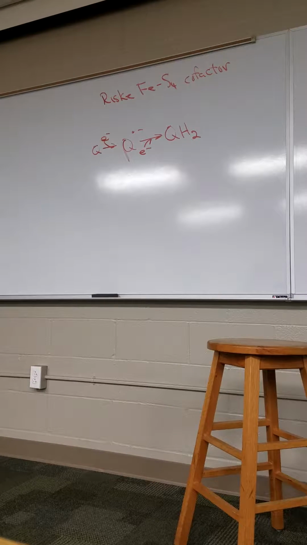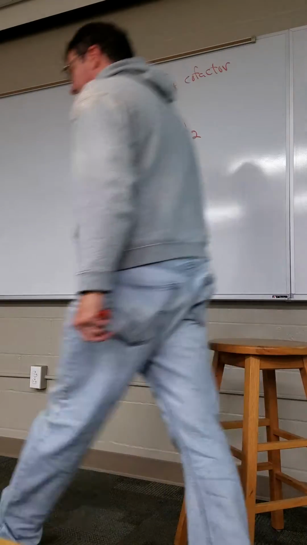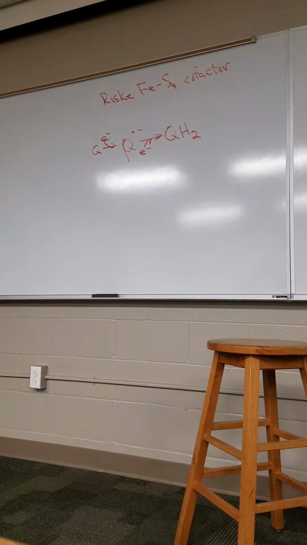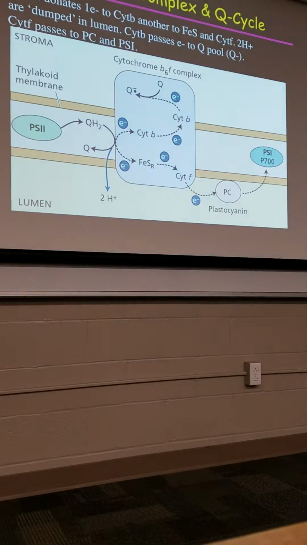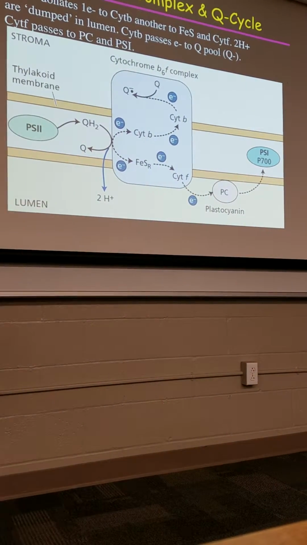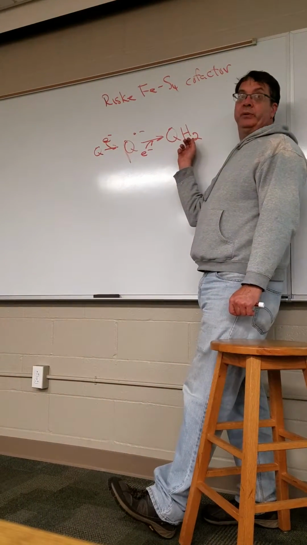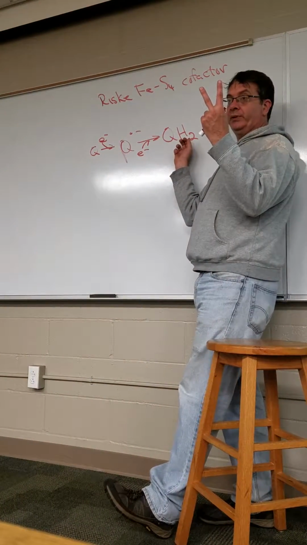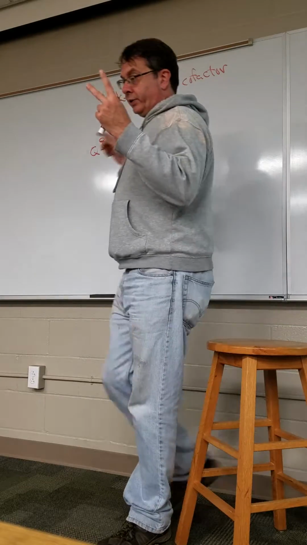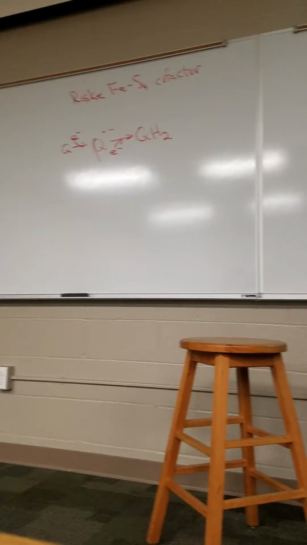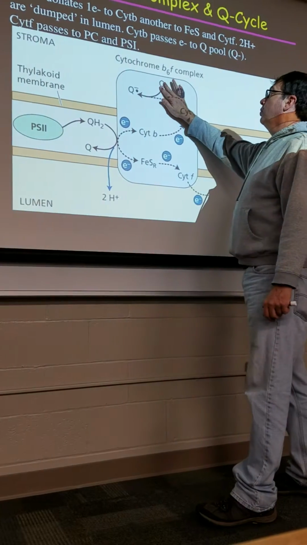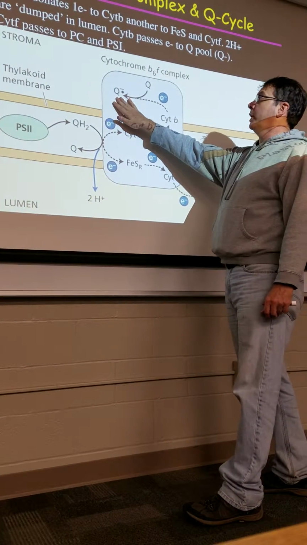So what happens, here, let's go back 1 slide. In order for quinone to go to plastoquinone, it must pick up 2 electrons. So it picks up 1 electron, going from quinone to semiquinone.